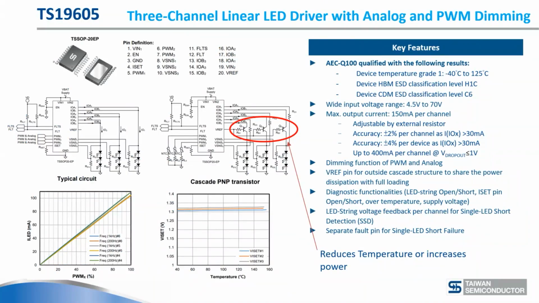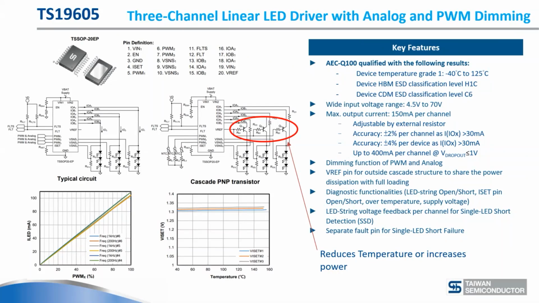Whatever VCE voltage you want to put on the transistors, if the LEDs are 80 or 100 milliamps or somewhere in that area, you can use even fairly cheap bipolar transistors to get some of the heat out of the device and reduce the junction temperature of the IC itself. And that's the key feature of the device, this VREF pin.